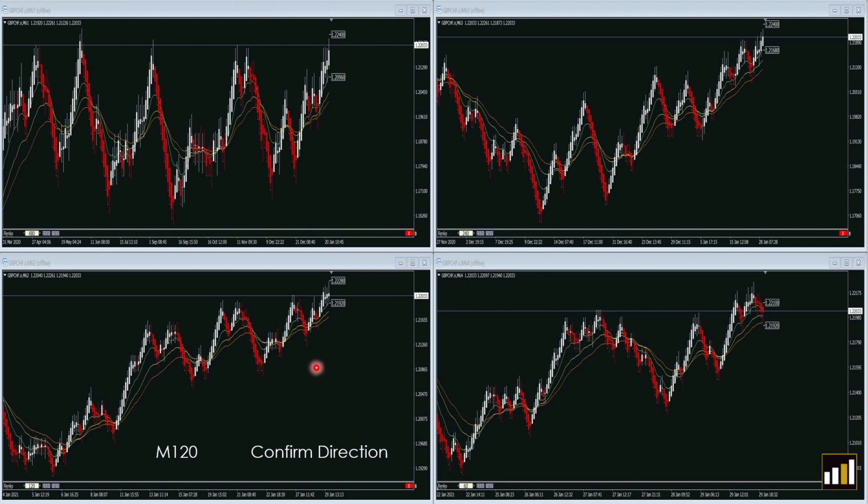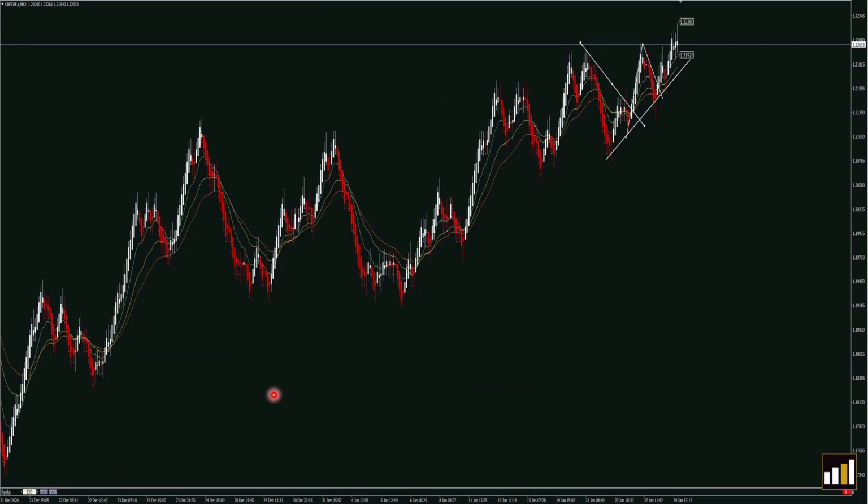M12, we are looking for confirmation of the direction that we have already found on 240. So how do we find confirmation? The confirmation on M12 comes in the form of a break and a pullback. And this is after you found your confirmation.